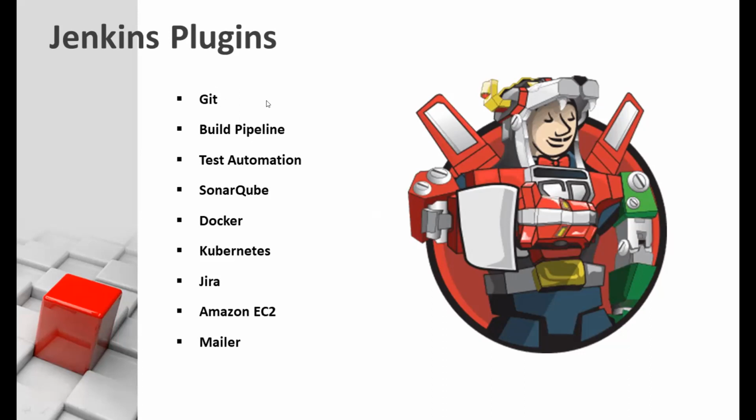Git is used to connect to your Git repository and pull the code. Build lets you build your code base. Using test automation, you can execute your test scenarios and test suites, whatever you have developed in your code base, unit test cases or test scenarios.